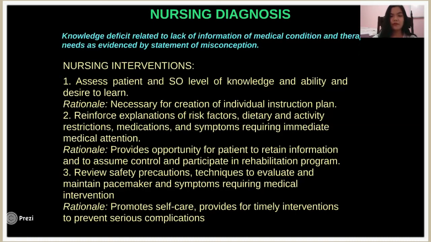Next one is reinforce explanation of risk factors, dietary and activity restrictions, medications, and symptoms requiring immediate medical attention. This is to provide opportunity for patients to retain information and to assume control and participate in rehabilitation program. Then, review safety precautions, techniques to evaluate and maintain pacemaker, and symptoms requiring medical intervention. This is to promote self-care, provide for timely interventions, and to prevent serious complications.